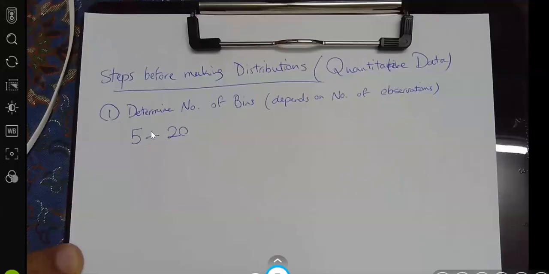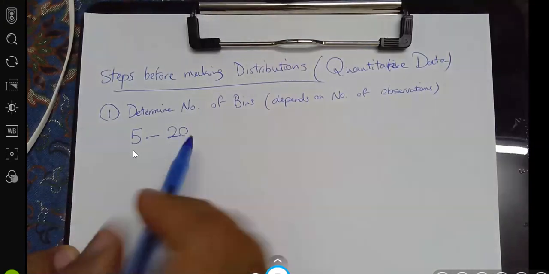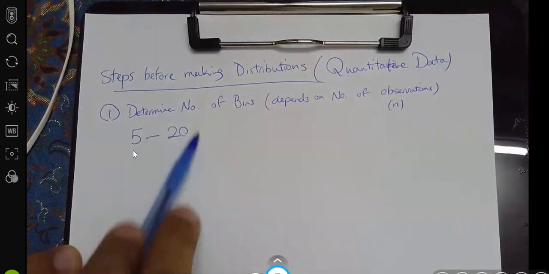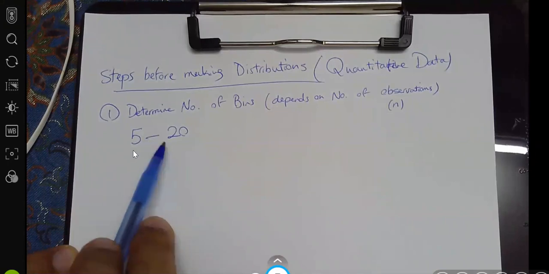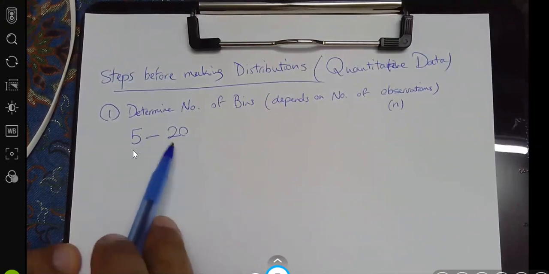So I'm just gonna go with the smallest number in this range. I'm gonna go with 5. When n, the number of observations, is large, you're probably gonna go with 20 or even more than 20, maybe up to 50, sometimes up to 100 bins.